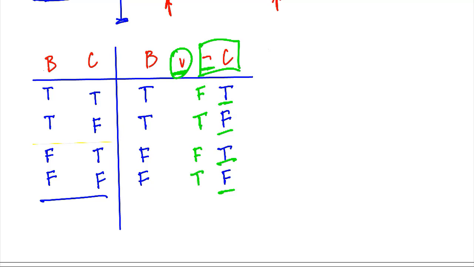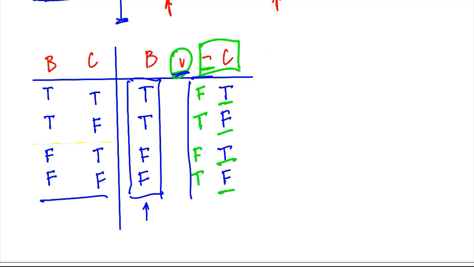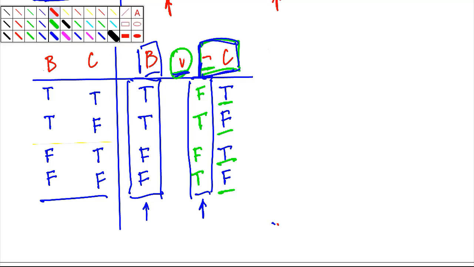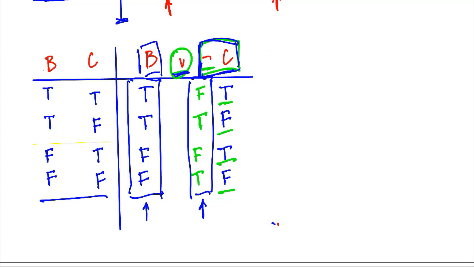Okay, now we can fill in our last column underneath the wedge. And so here what we're looking at is this column. We want to know the truth values for B and this column here. These are the truth values for not C. So what we care about is B or not C. Okay, let me get a different color. Okay, so if you're looking at the characteristic truth table for the disjunction, then if we have true and false, the disjunction is true.